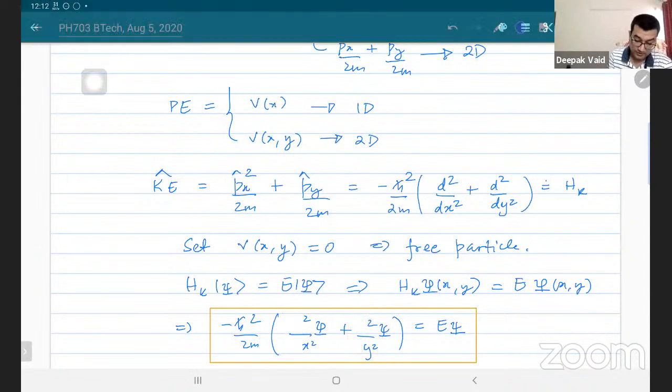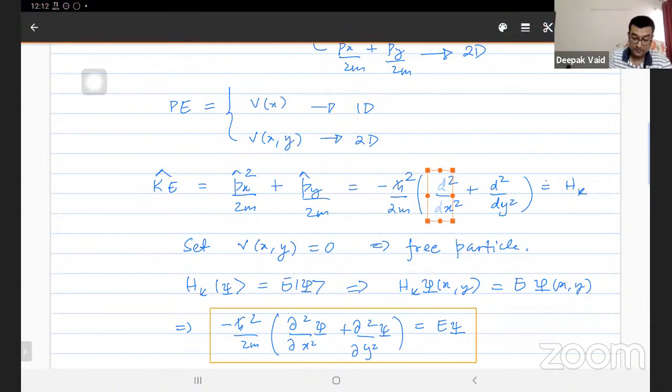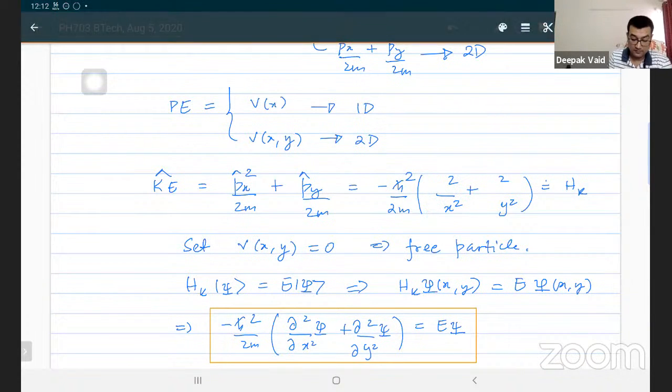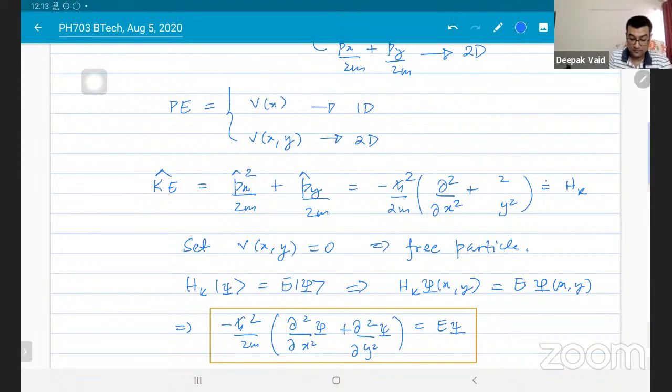So these should be partial derivatives, same thing here also, and here. Okay, so this is our Schrodinger equation for a free 2-dimensional particle.